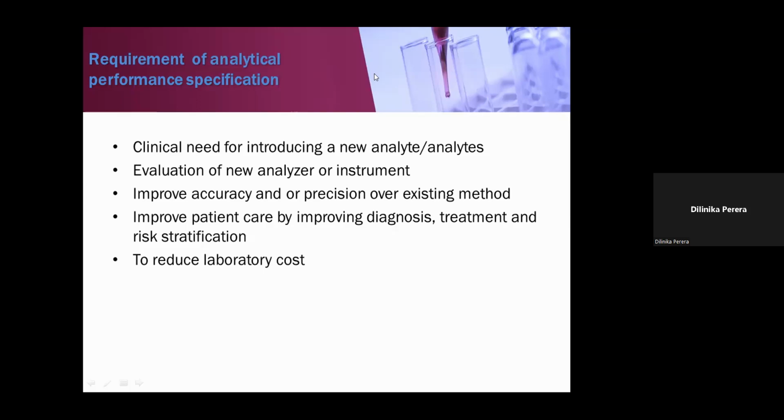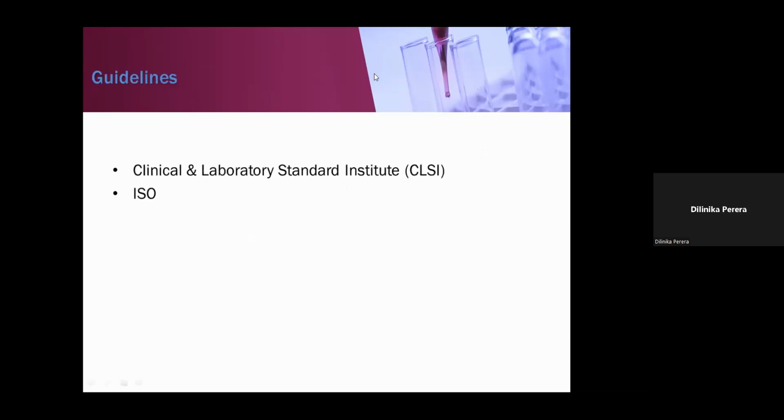Thereby, we improve the diagnosis, treatment, and risk stratification of the patient. Sometimes we can reduce the laboratory cost. The guidelines available are from the Clinical and Laboratory Standards Institute, that is CLSI, and there are ISO guidelines.